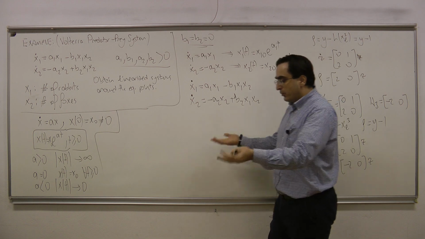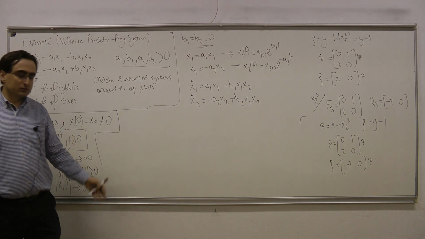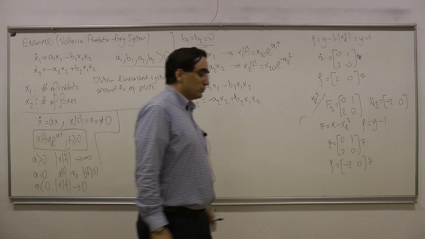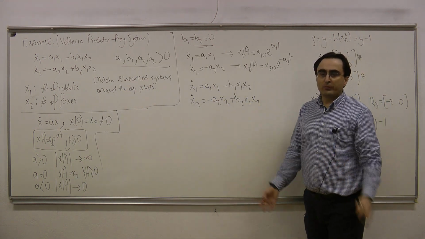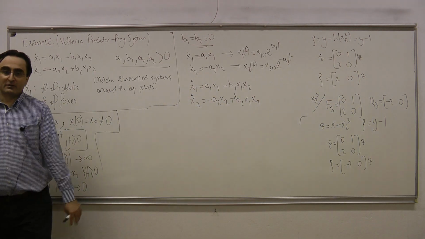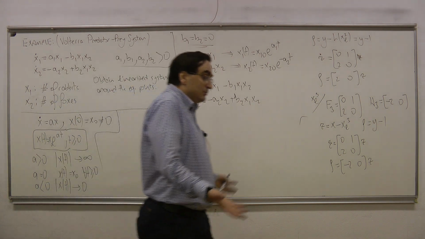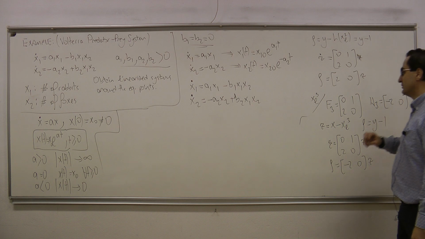And here you see that this rate of change would be further increased if x2 is larger as well. So if the number of foxes is large, then the rate of change of the number of foxes would also increase. Why is that? This is representing some form of teamwork. If there are many foxes, then they might form some teams maybe. I don't know what its name is in English.